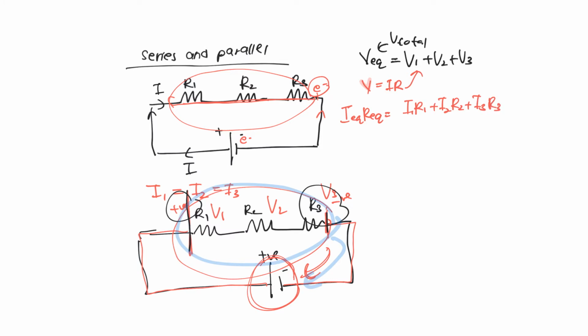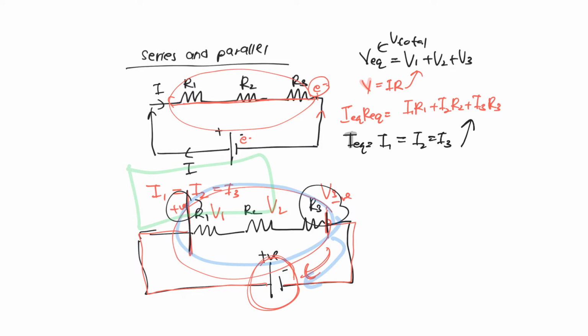But I mentioned before, the current flow here is going to be the same, because there's only one path for the electrons or current to move. That's the reason R1, R2, R3 and the battery in series have the same value. So I equivalent equals I1 equals I2 equals I3.